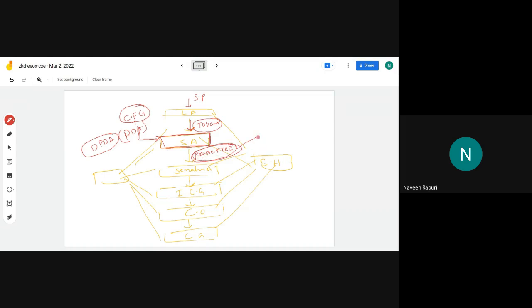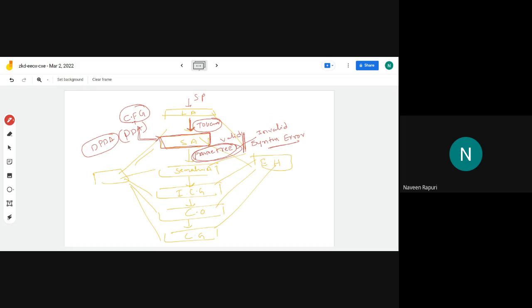If it is not a valid parse tree, the syntax analyzer returns a syntax error as output. So finally, the syntax analyzer takes tokens as input and produces the parse tree in a valid case. In an invalid case, it returns the syntax error.